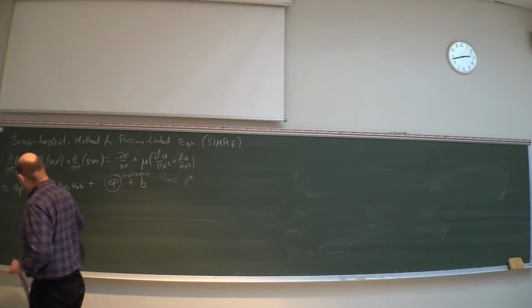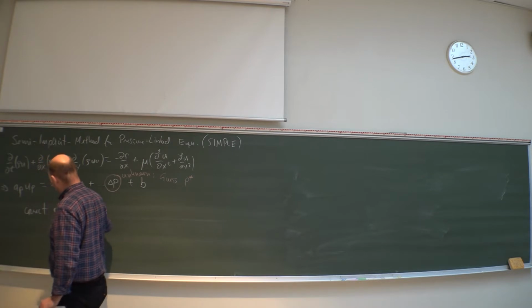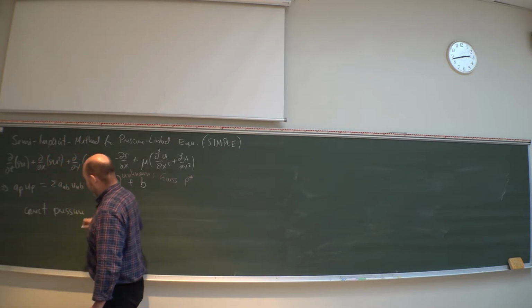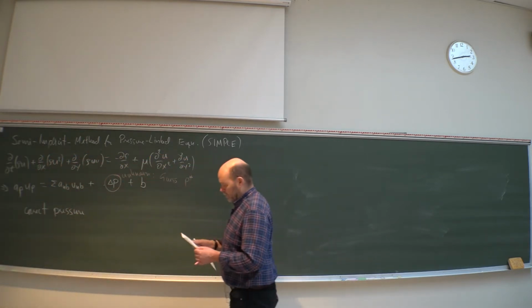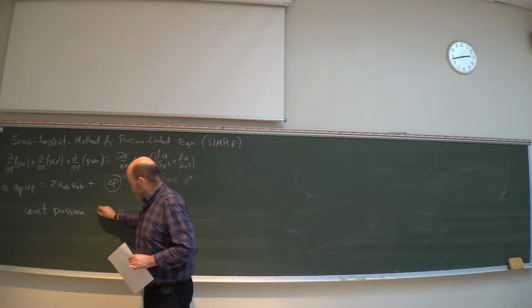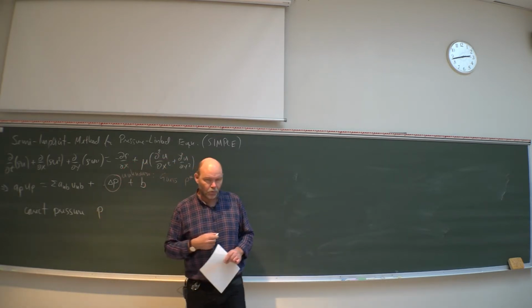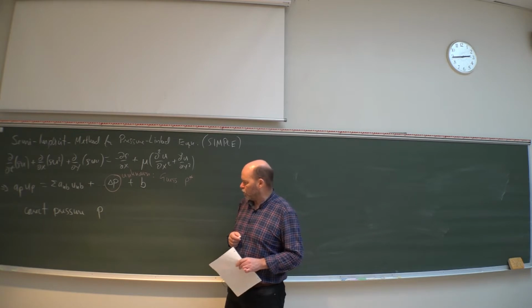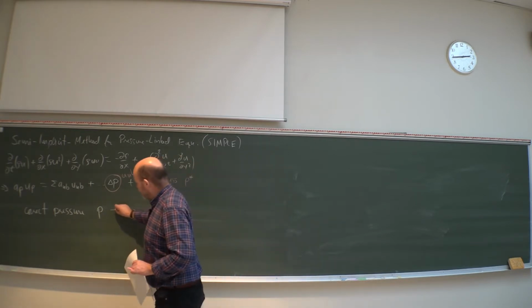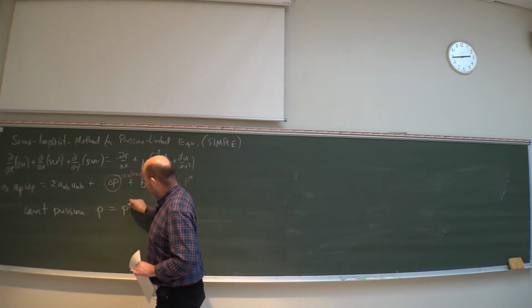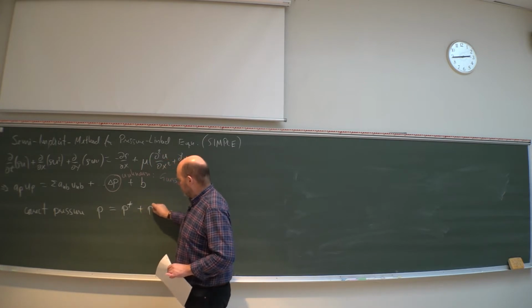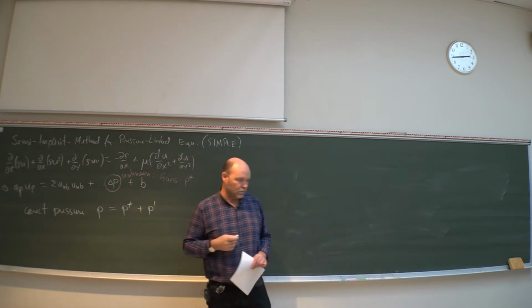Correct pressure. We have to adjust it. So the right pressure, that is P, is the one we are seeking. That's the one we want. It will now be equal to the one we guessed plus a pressure correction.